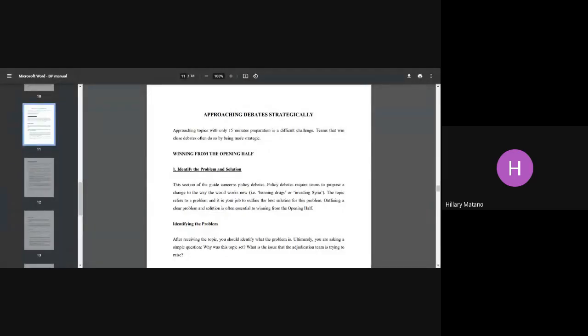The motions are always given 15 minutes. Once the motion is read, you are given 15 minutes to prepare. Within these 15 minutes, in standard BP rules, you're not allowed to use mobile phones or any other external material. So it is always advised that you have all your write-ups.